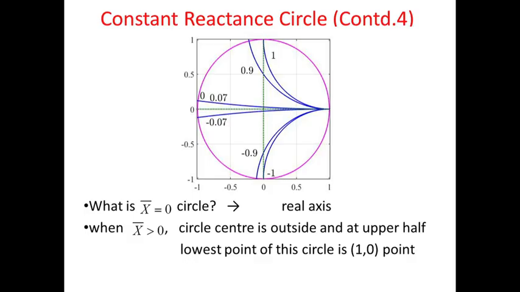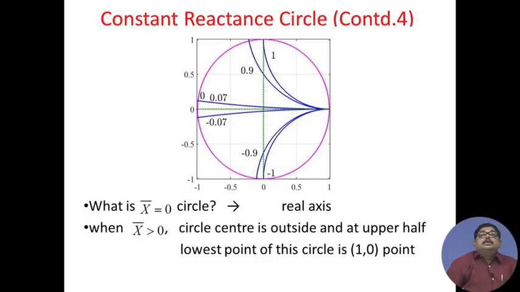So, the central real axis corresponds to x bar equal to 0, and when x bar is positive, then the circle center is outside. So, it shows that the arc is the upper half portion, and that upper half portion is still passing through the 1, 0 point, the rightmost point of the standard Smith chart.